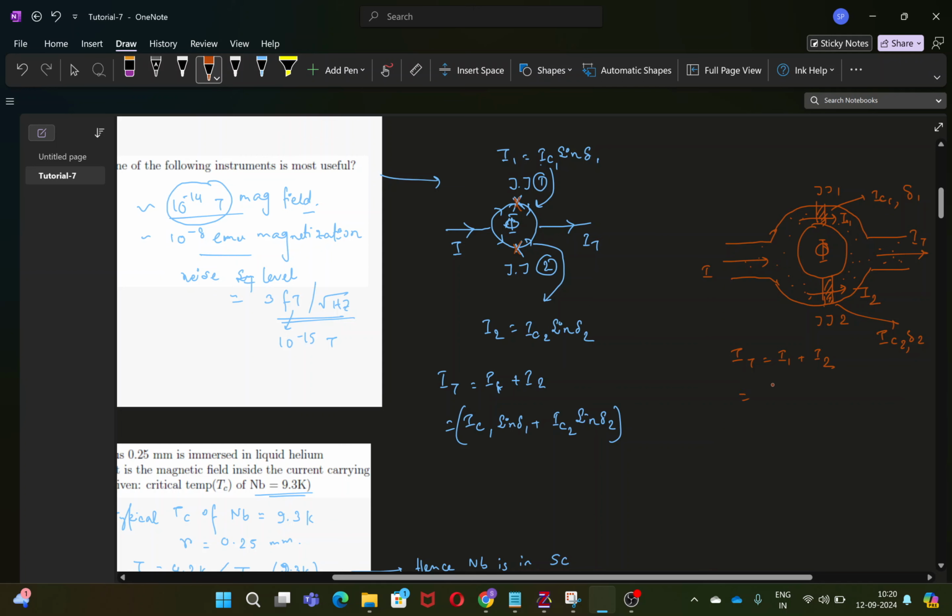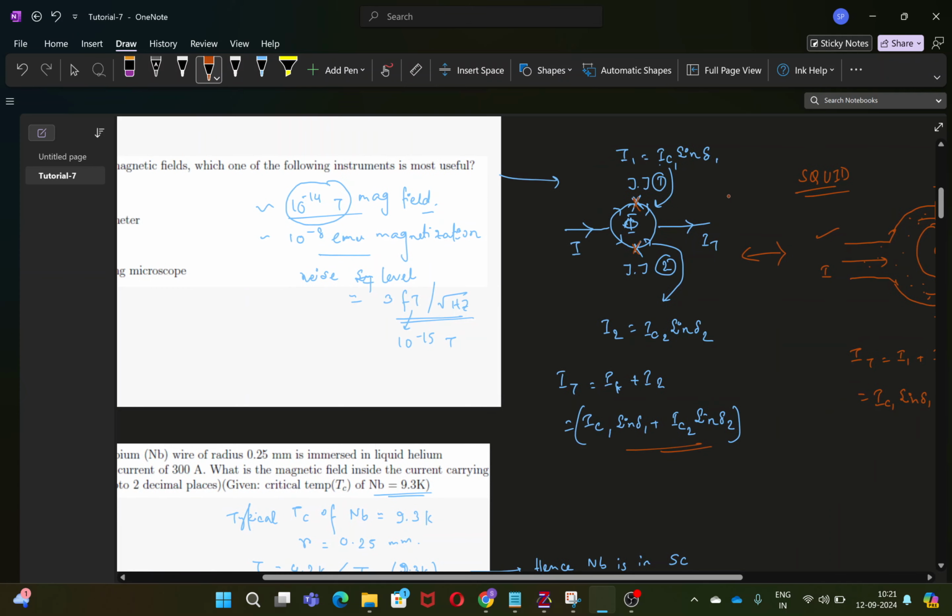So simply this I1 plus I2 will be IC1 sine delta 1 plus IC2 sine delta 2, as I had already solved before. So basically this is a schematic of the whole SQUID structure, that this is the main diagram and this is the schematic, right? Both are similar. So this is the SQUID schematic and SQUID consists of two Josephson junctions.